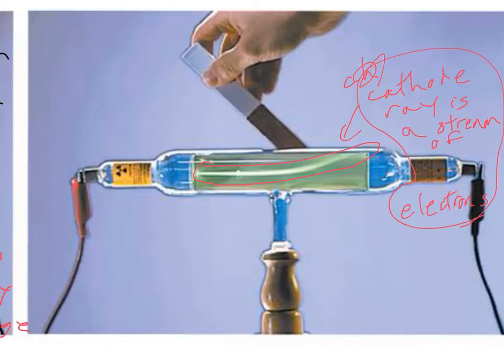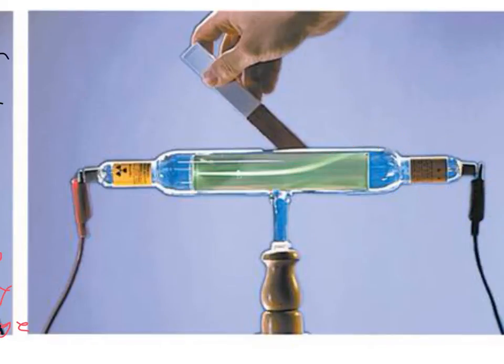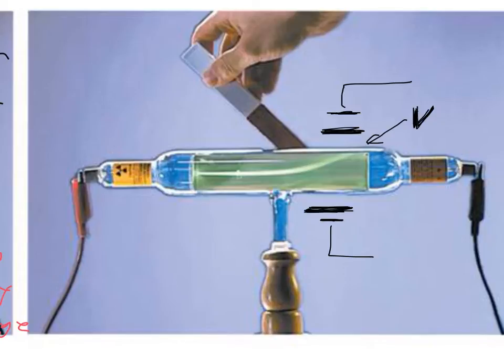Now, the reason this was important was it was well known at the time the relationship between charge, mass, and force. So what Thomson did was he took electrical plates, placed them on the side of this cathode ray tube here, and he turned on these electrical plates to a certain voltage.